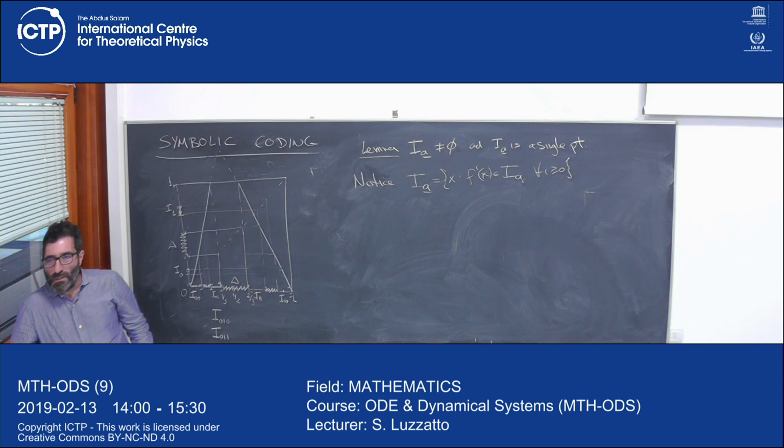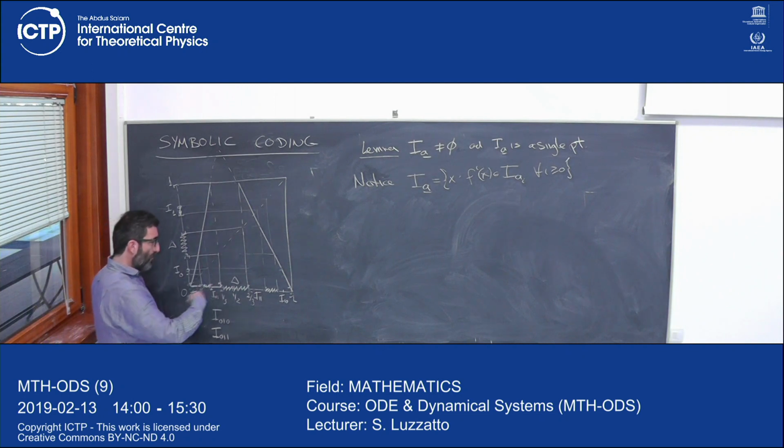So this is already more remarkable than it seems at first sight. What I'm saying is, you give me an infinite sequence of zeros and ones, whichever one you want, and there is a point which has exactly that sequence as its trajectory.